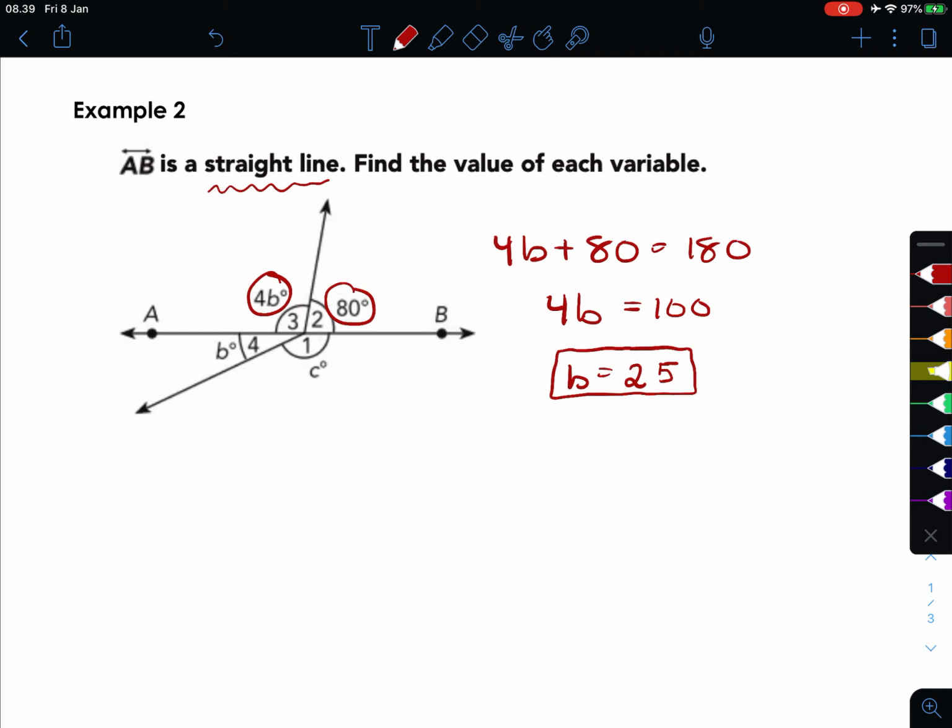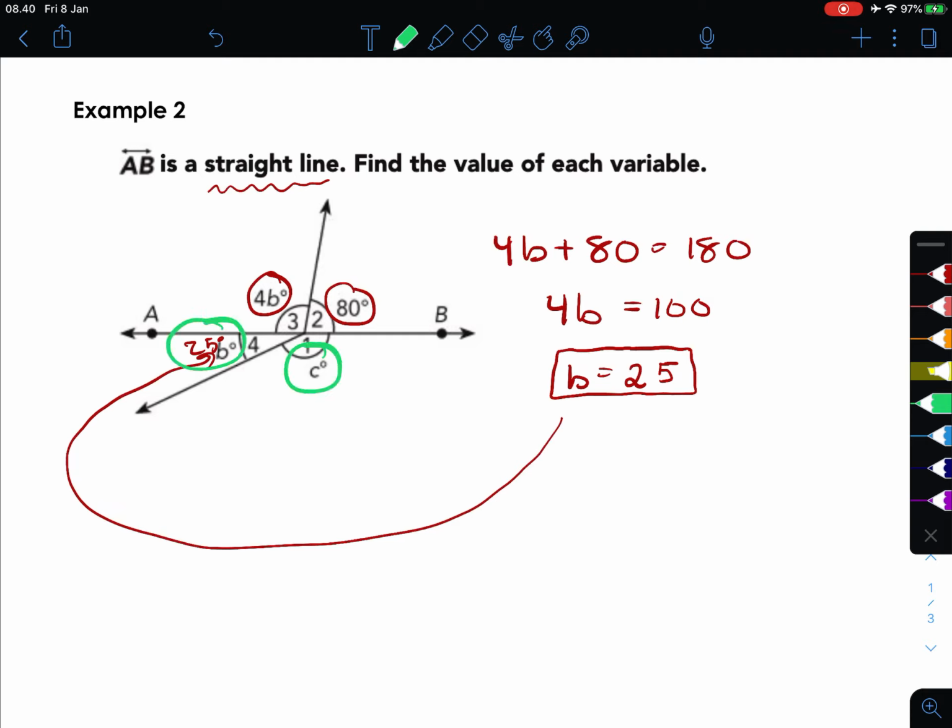Okay, well, I can put that value right there, 25. And look, again, I have another pair of supplementary angles here. I have this guy, 25, and angle C. I can add those and set them equal to 180.